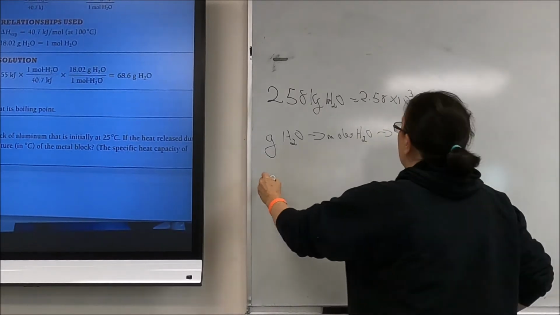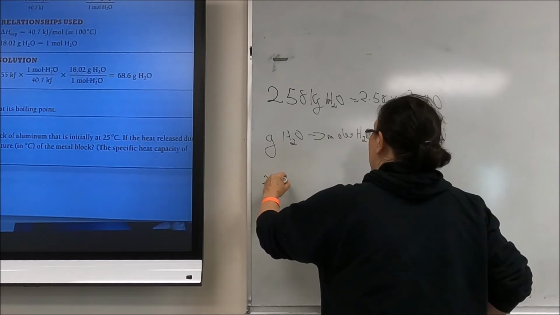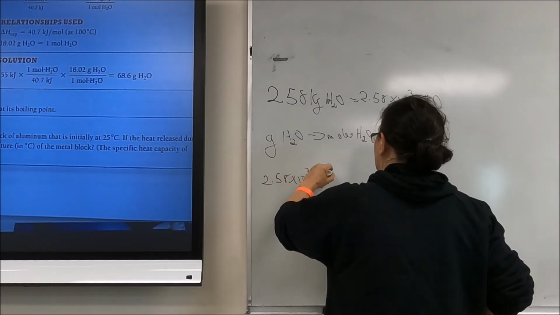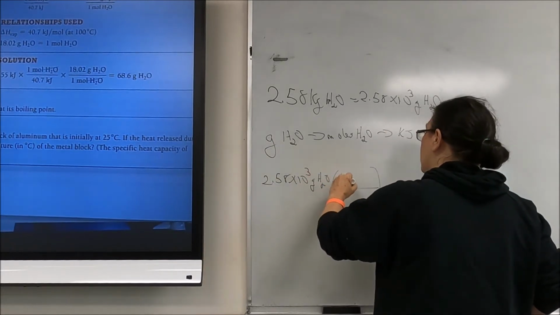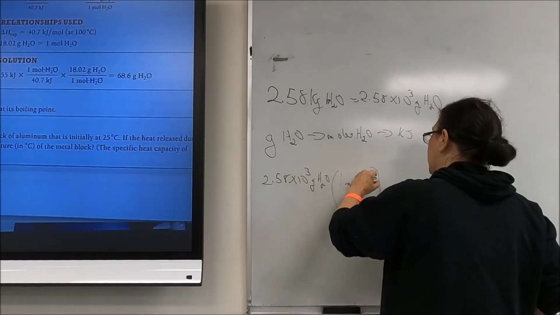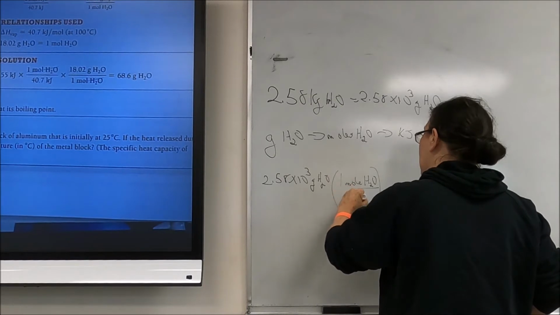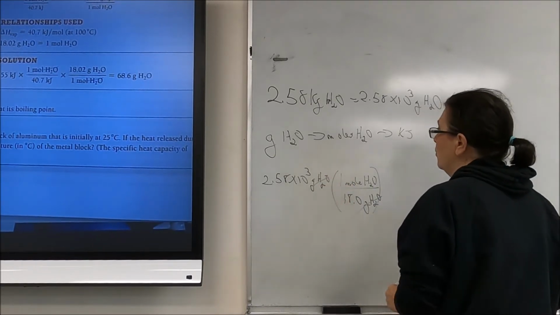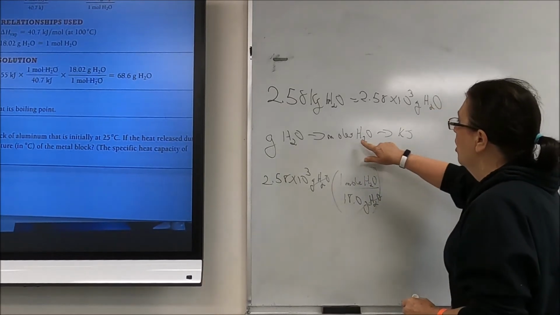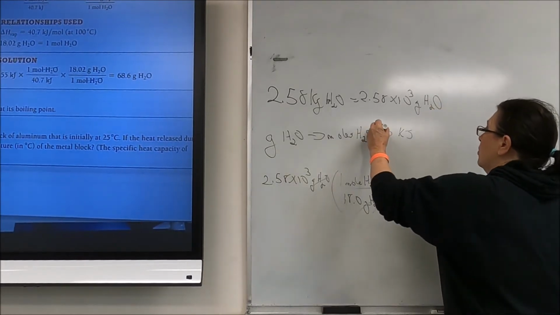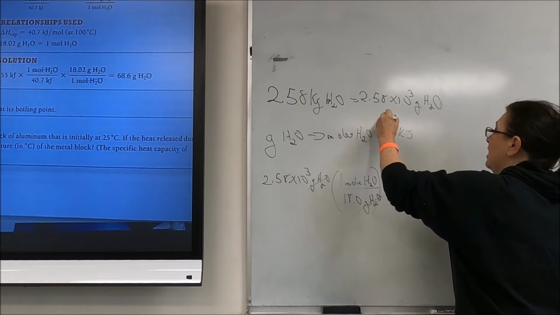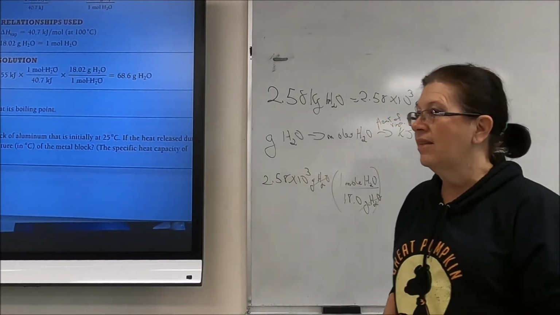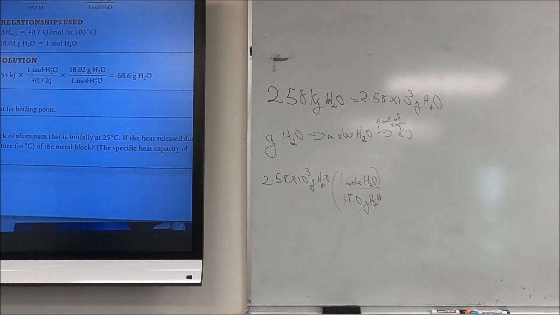So 2.58 times 10 to the 3 grams of water. There's 1 mole of water for every 18 grams of water. So grams of water go out. To go between moles of water and kilojoules, I'm going to need heat of vaporization. Now that's something we look up.